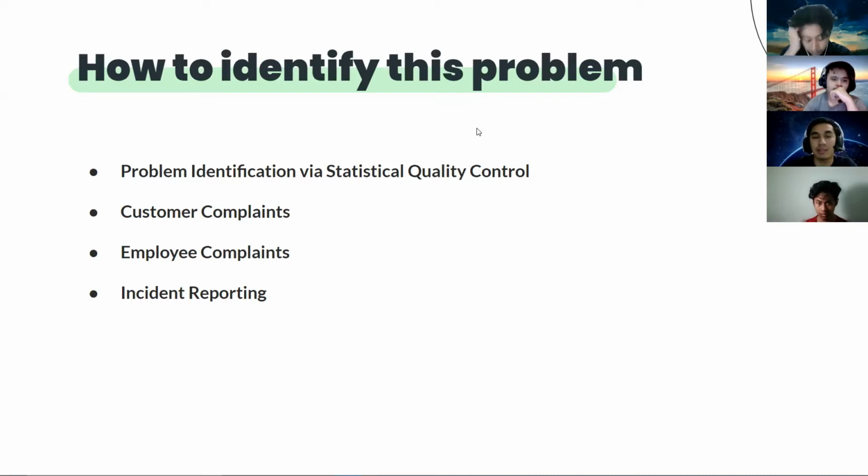Statistical quality control detects the rate of non-conformance in a sizable quantity of product or delivery. The second is through customer complaints, the next is through employee complaints, and the last one is through incident reporting.